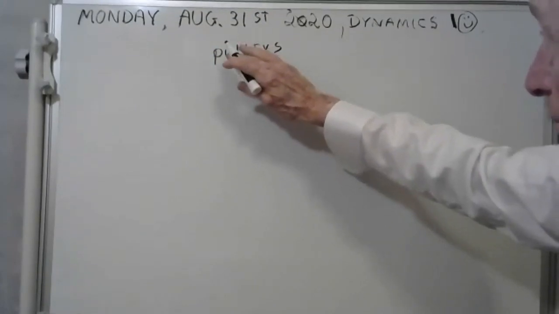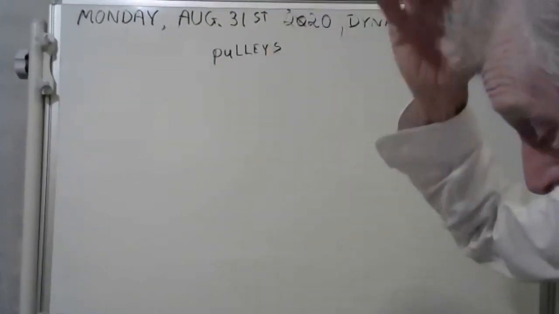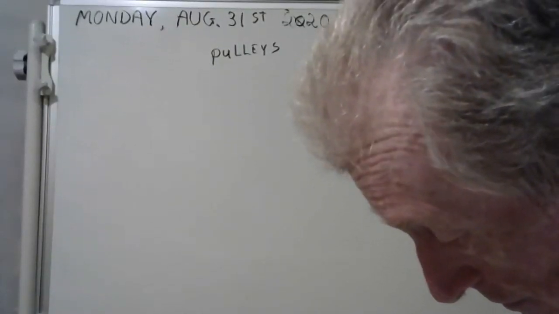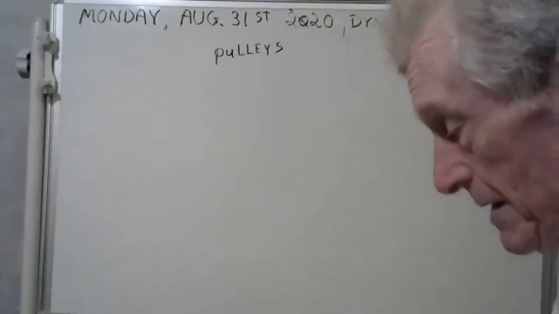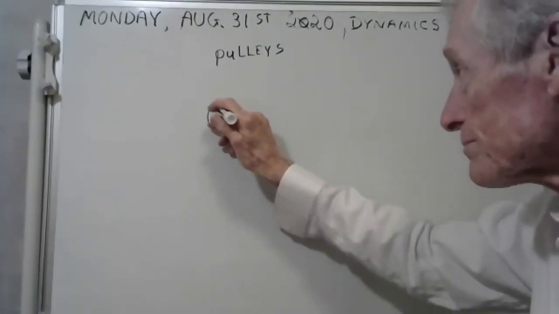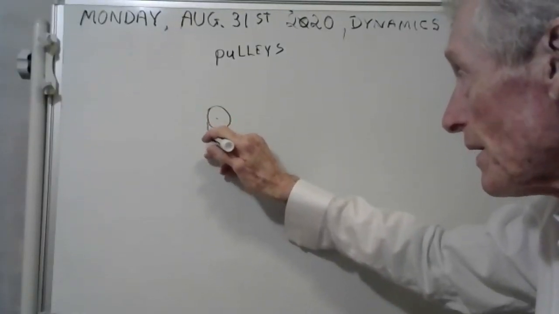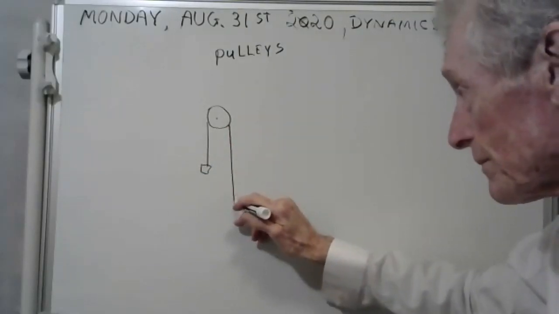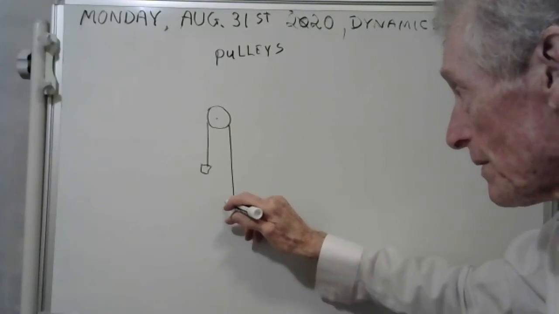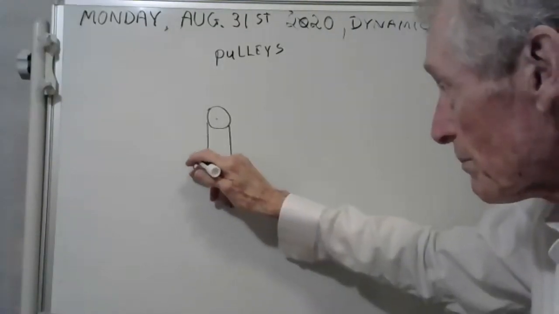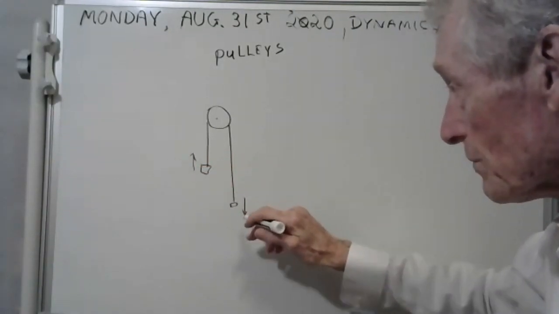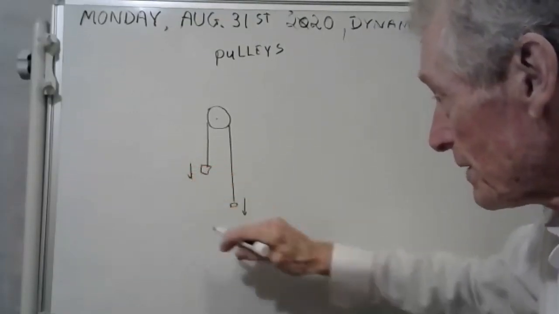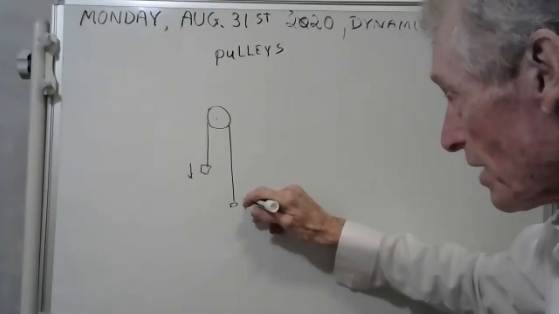Pulleys. Actually, on the syllabus, after our theta coordinates, it says we're going to talk about dependent and relative motion. See, when you have a pulley and you have a body here and a body here, if this body goes down, this body goes up.